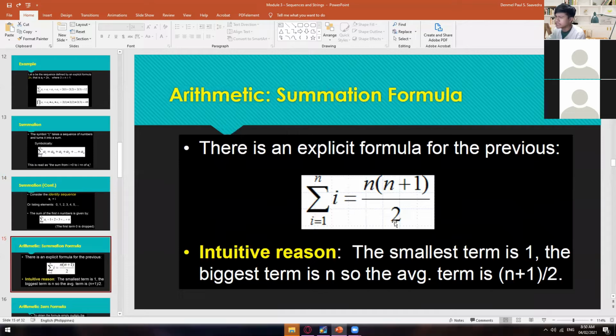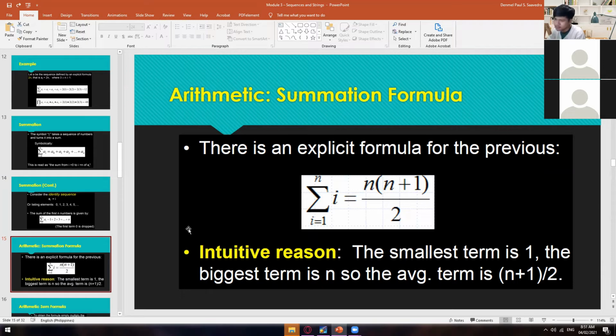As you can see, this one is also quite familiar. We already had this formula in, I don't know if it's module 2 or module 1. Anyway, we have already defined this one using induction.